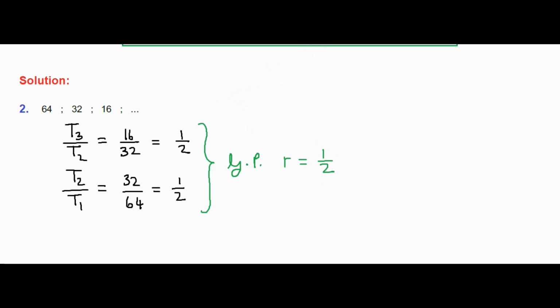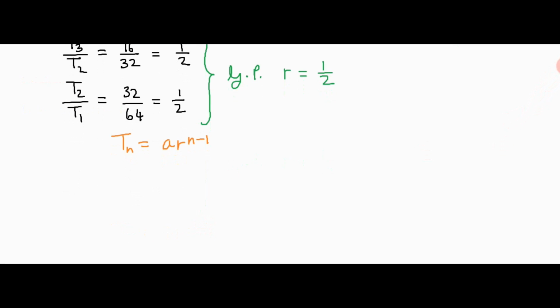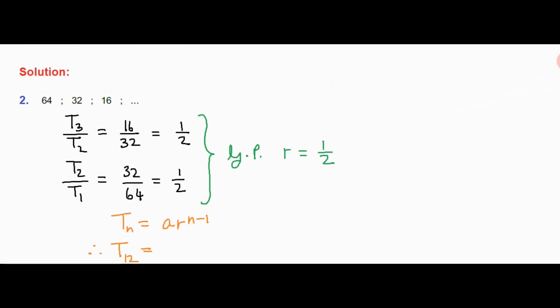And we must find the value of the 12th term. So using the formula for the nth term, T sub n equals AR to the n minus 1. We want T sub 12. Now, A is the first term and is equal to 64.